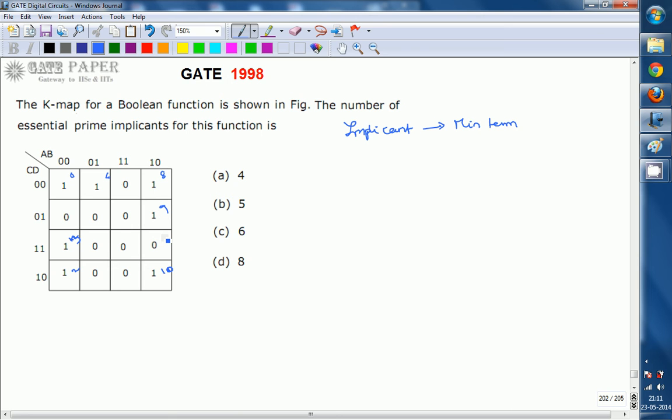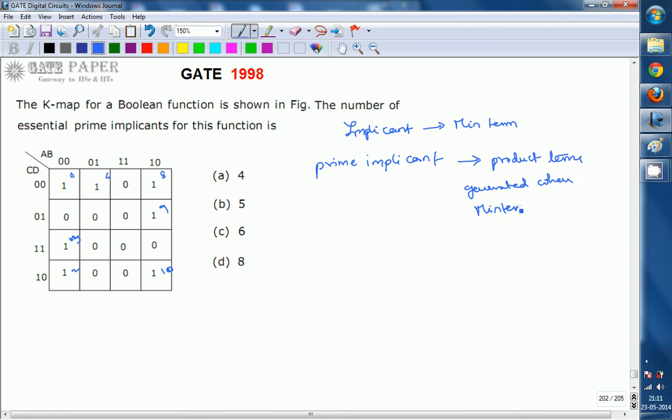Now, what is a prime implicant? You combine minterms to get a minimized expression, a minimized product term. Prime implicants are the product terms generated when minterms are combined.